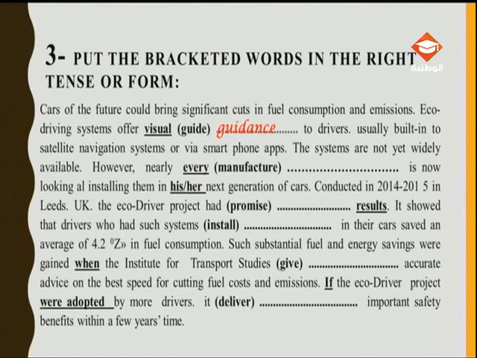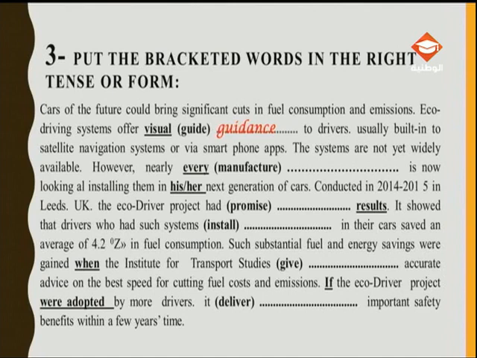The systems are not yet widely available. However, nearly every manufacturer blank is now looking at installing them in his or her next generation of cars. So the word every requires a singular noun.